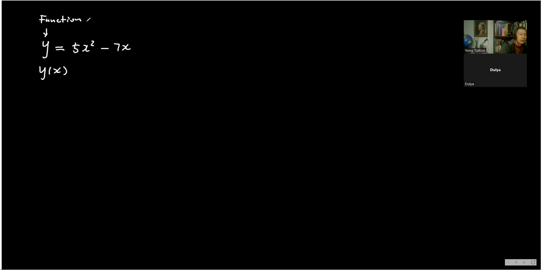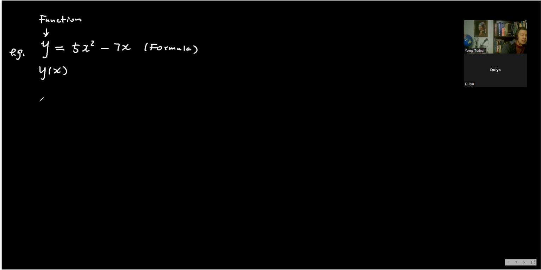So this is a formula. We know y is dependent on x, but this is explicit. You can see the formula of the function. But sometimes we know that y depends on x, or y is a function, but y is different.